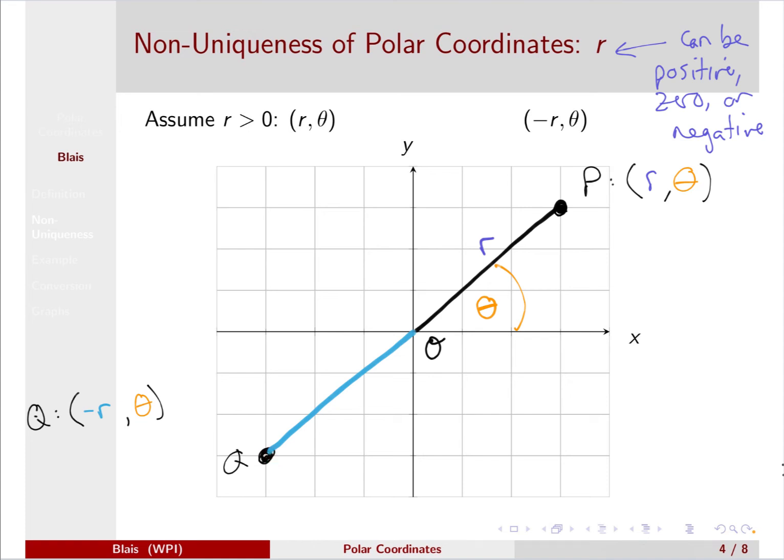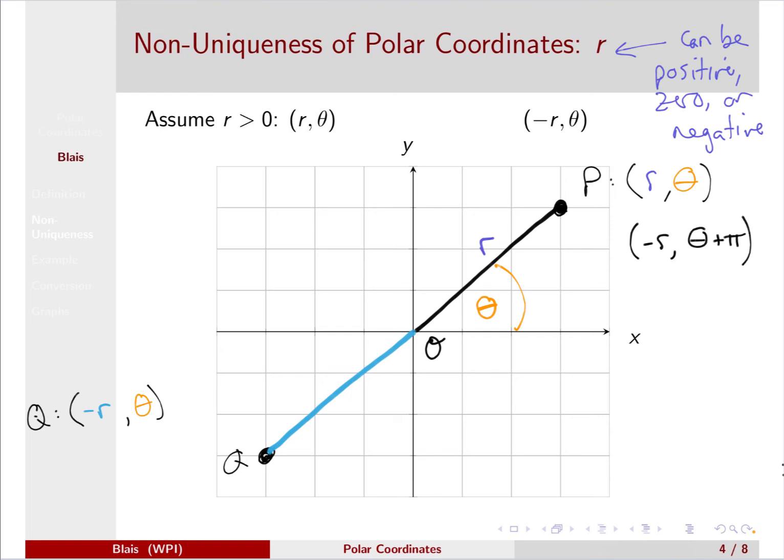And you can see that this also introduces some non-uniqueness, because think about taking this point Q, which we have represented in polar here as (minus r, theta). We could actually get this over to P by adding pi radians. So we could rewrite this point P as (negative r, theta plus pi).